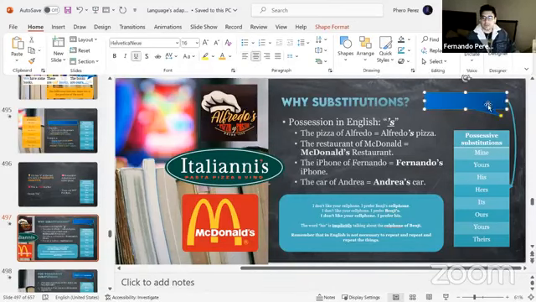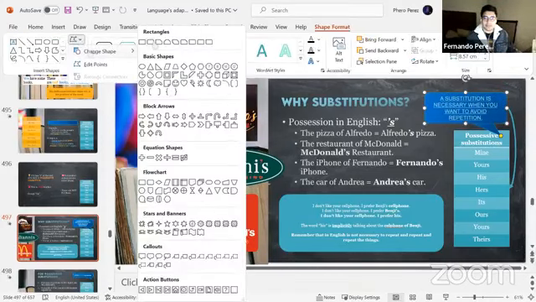Substitutions. Let's remember, a substitution is necessary when you want to avoid repetition.